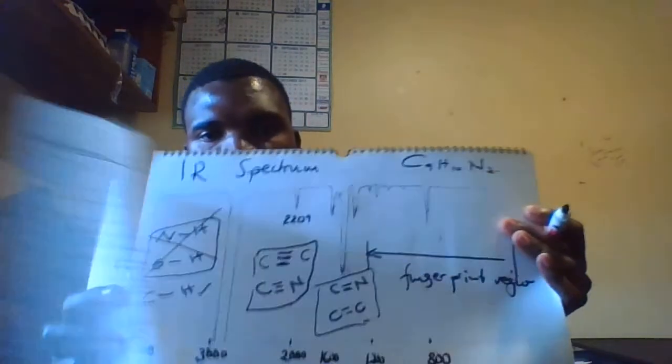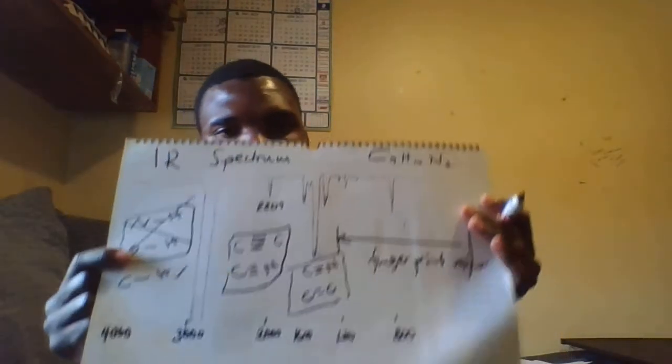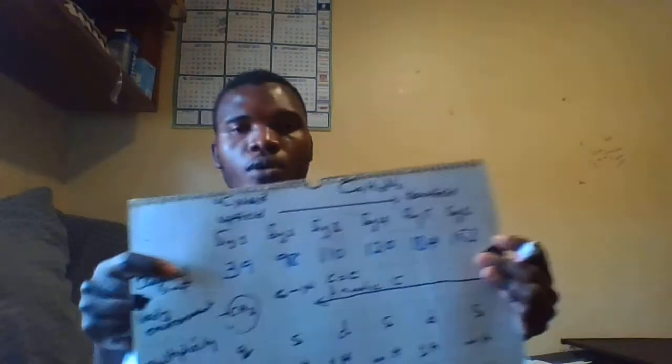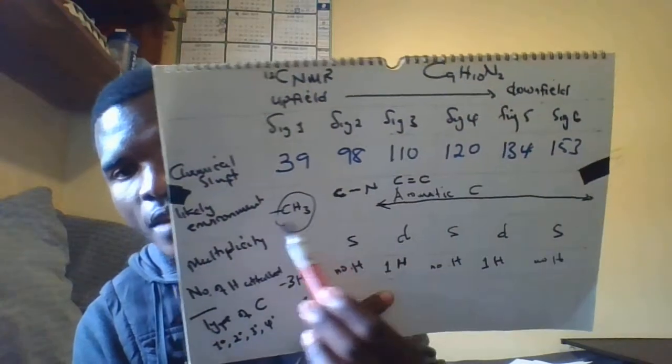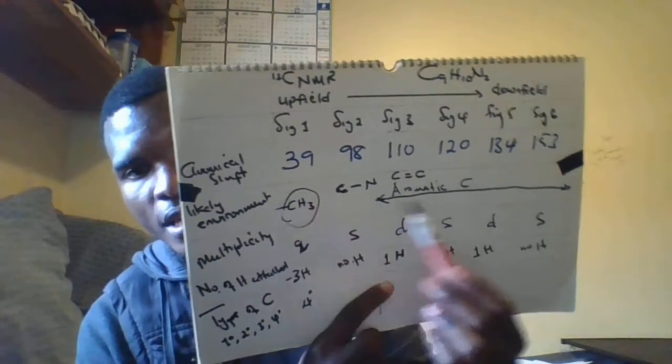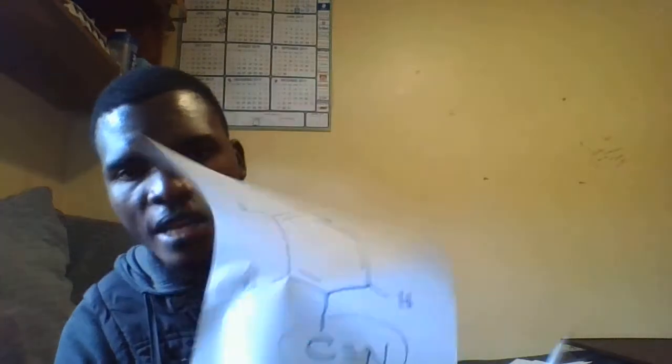So for the carbon to nitrogen triple bond from the IR, then the carbon to nitrogen bond, this one, and the CH3, then the aromatic carbons. So basically, this structure, I found it more appealing.